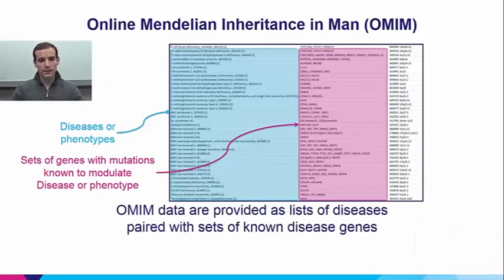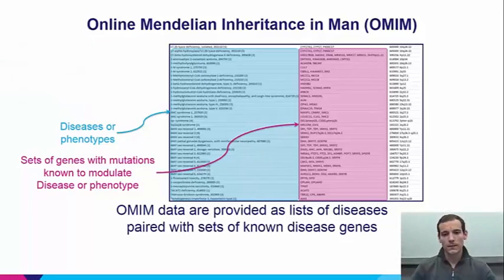The simplest abstraction of the data would just be a set of genotype-phenotype associations, which can be downloaded to understand genes that play a role in these various phenotypes or diseases.